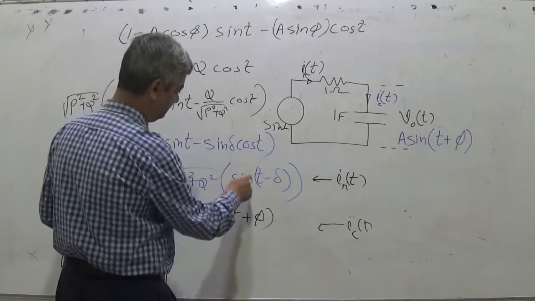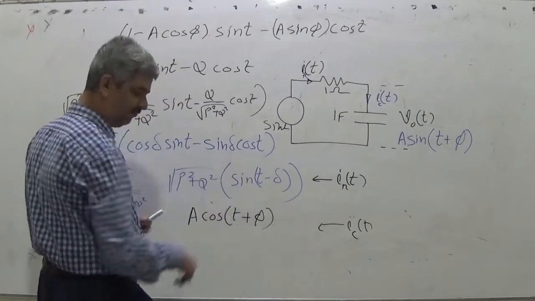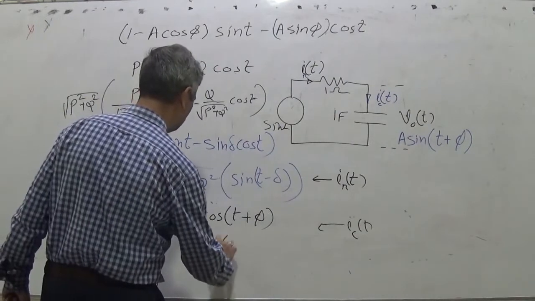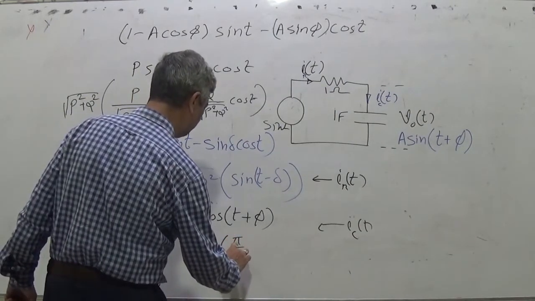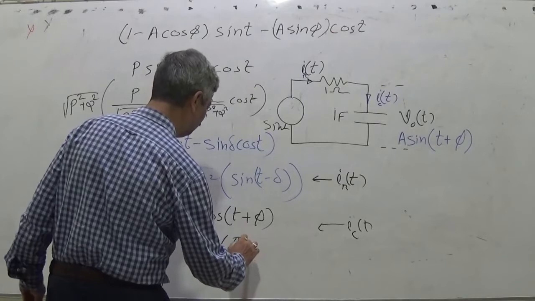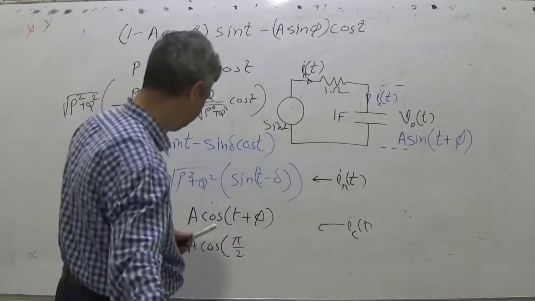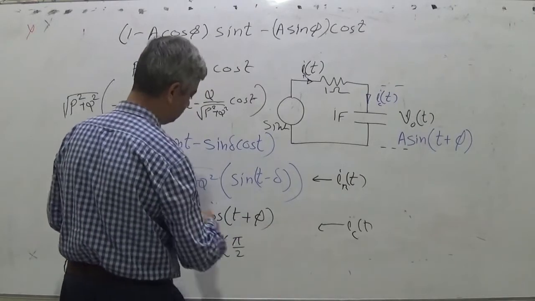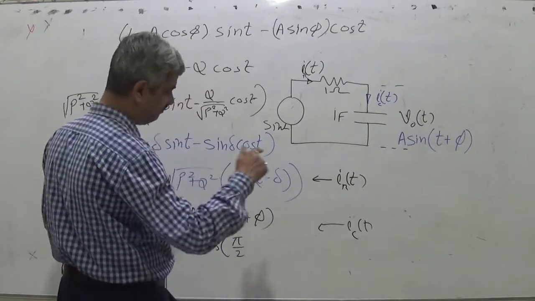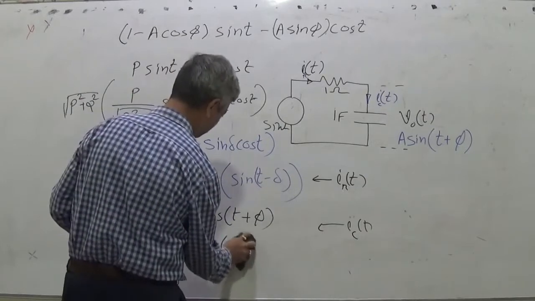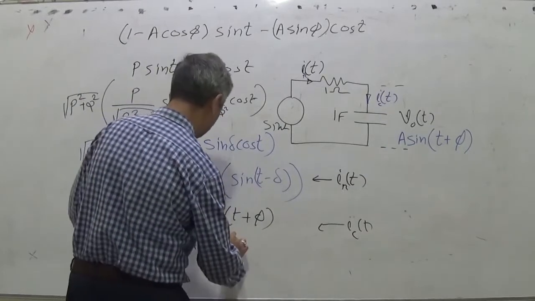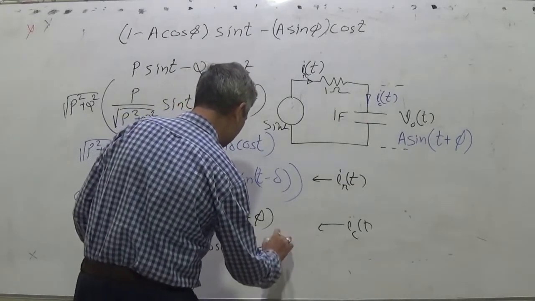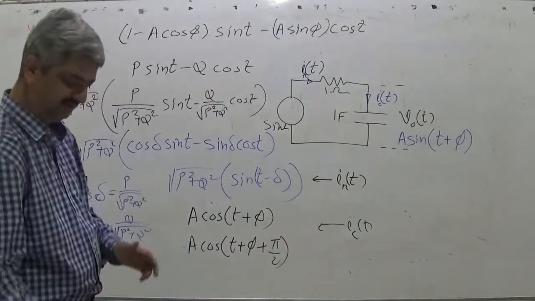Now this sine and cosine you can equate, just by cos is sine of pi by 2 plus theta. So you can just have sine of t plus phi plus pi by 2.